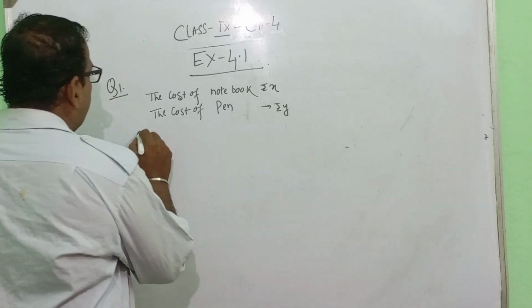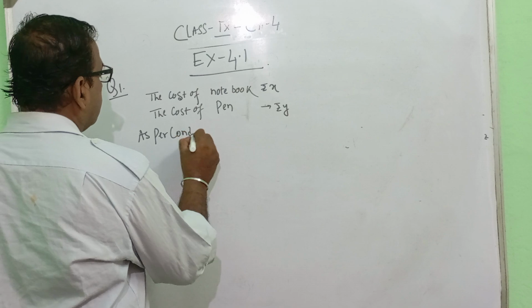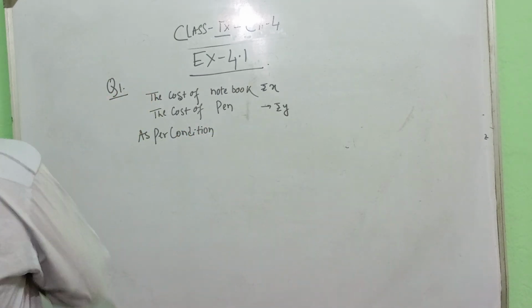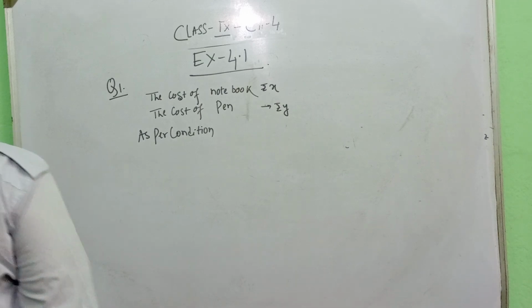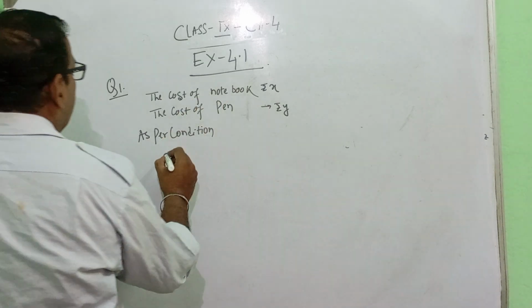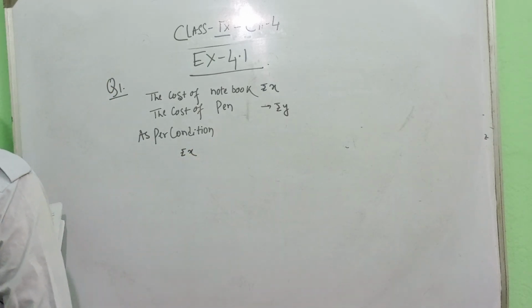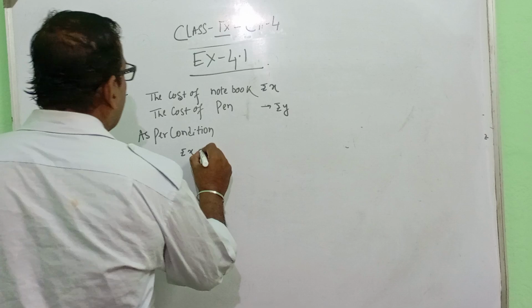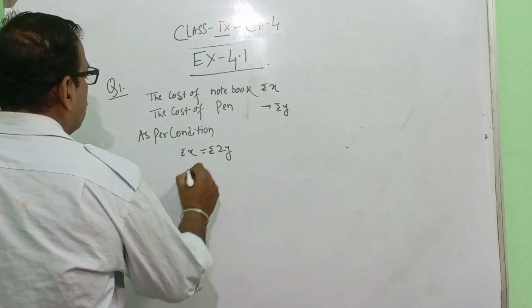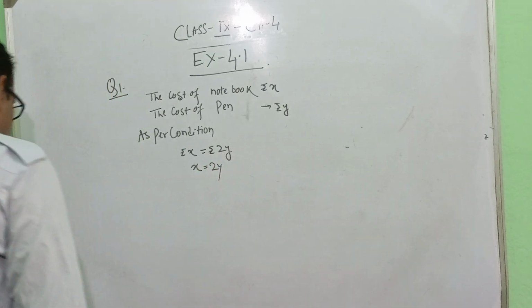But as per the condition, the cost of a notebook, that is rupees x, is twice the cost of a pen. So x is equal to 2y.